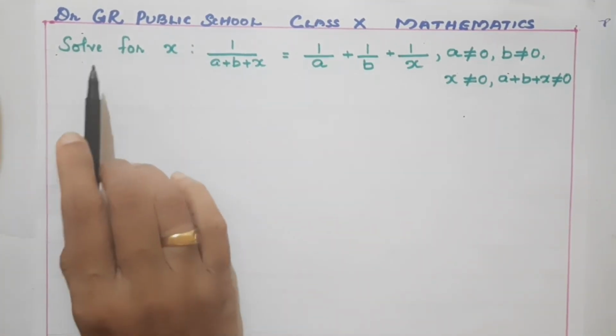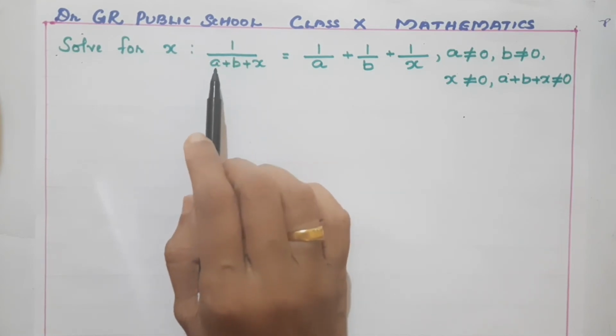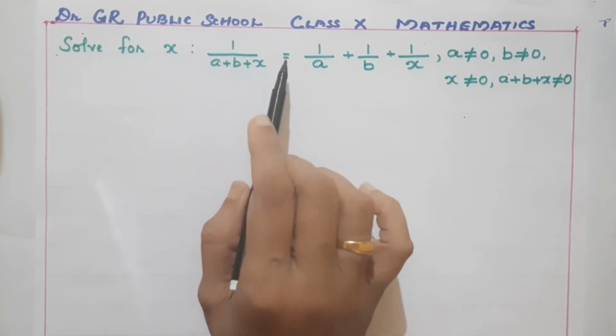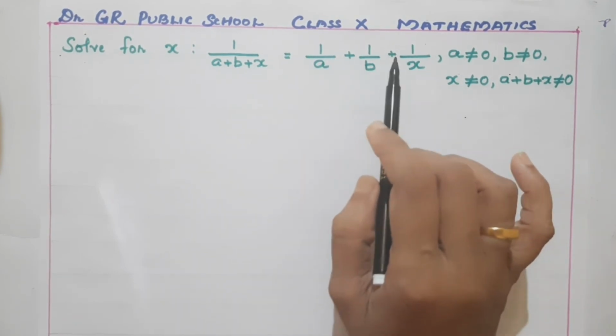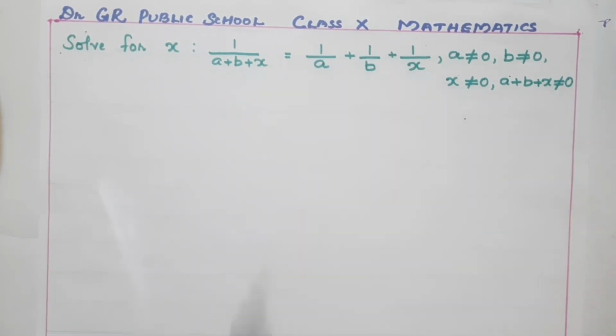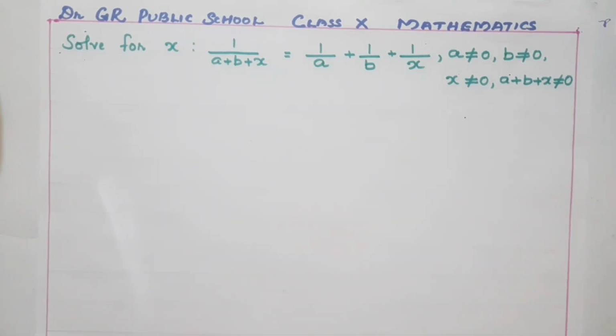Next question. Solve for x: 1 by (a plus b plus x) equal to 1 by a plus 1 by b plus 1 by x. Okay. So now it is not in the general form of a quadratic equation.